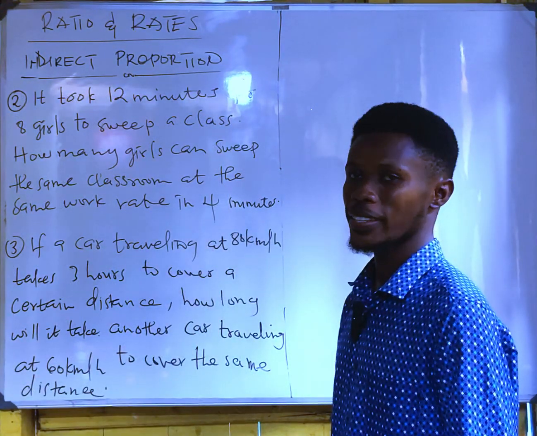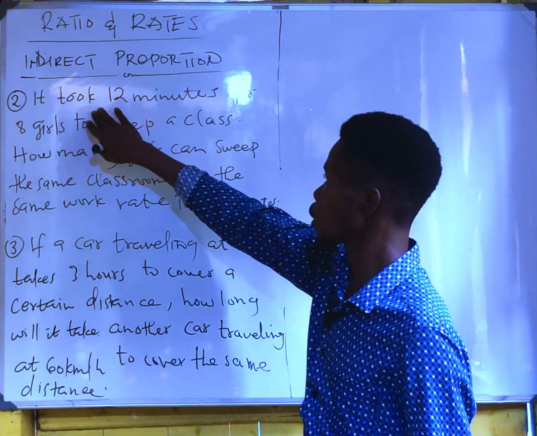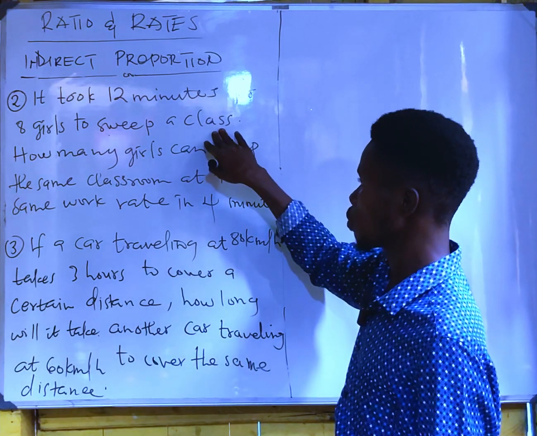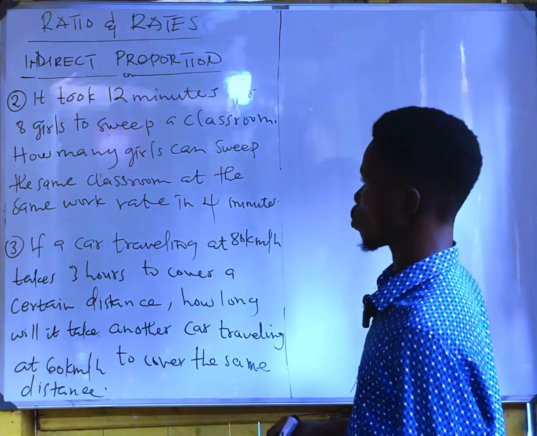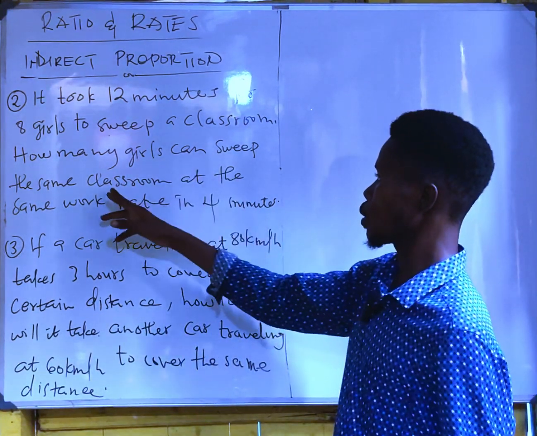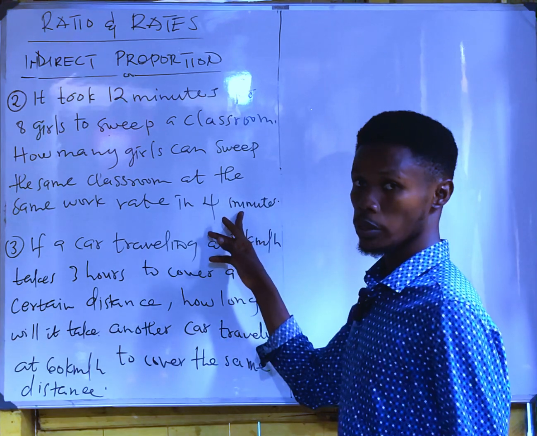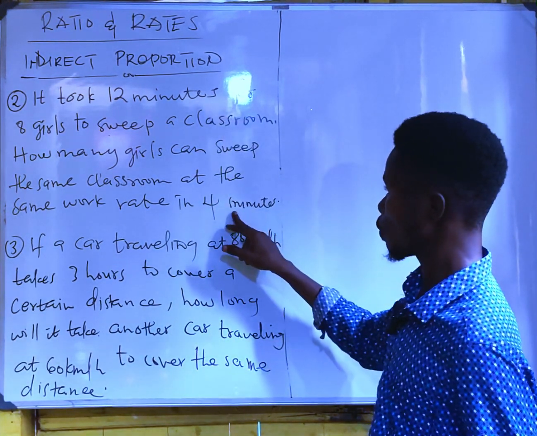Now let's look at the second example. It took 12 minutes for 8 girls to sweep a classroom. Full stop. How many girls can sweep the same classroom at the same work rate in 4 minutes? You can pause the video and solve it. So the minutes have been given.